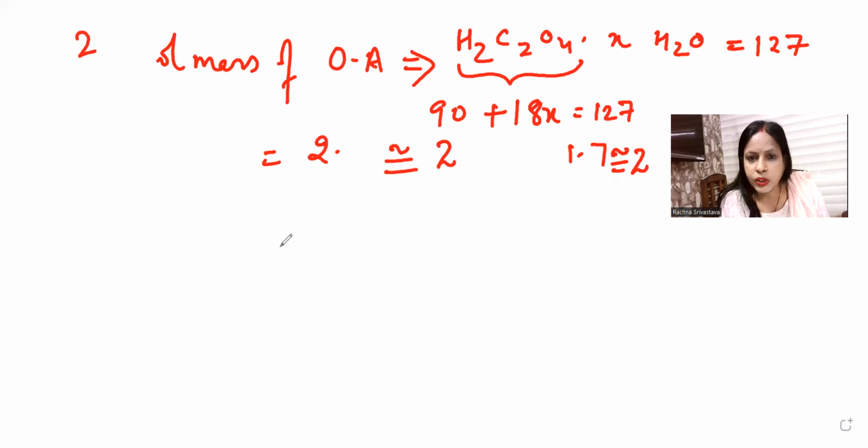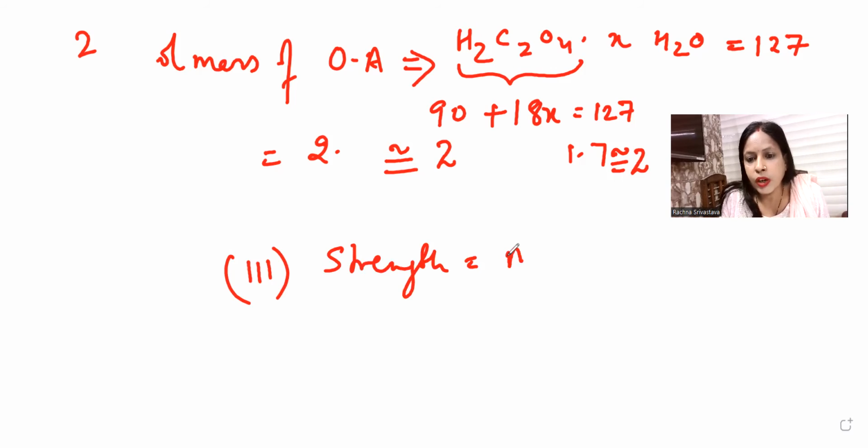Here, the third part was calculation of molecular mass, but in case of percentage purity, your third part will become the calculation of the strength of the impure solution, because the strength which they have given in the question paper is of impure solution. You have to calculate for pure solution.